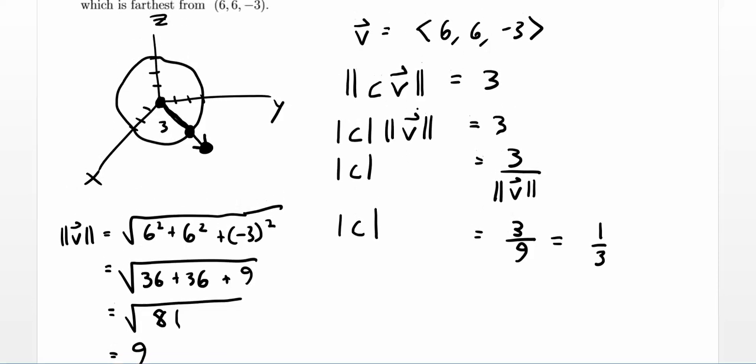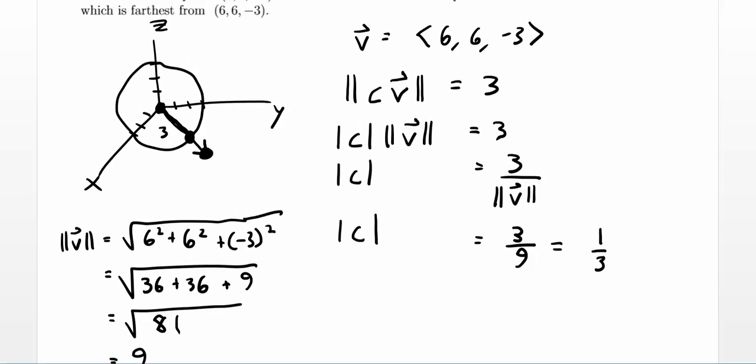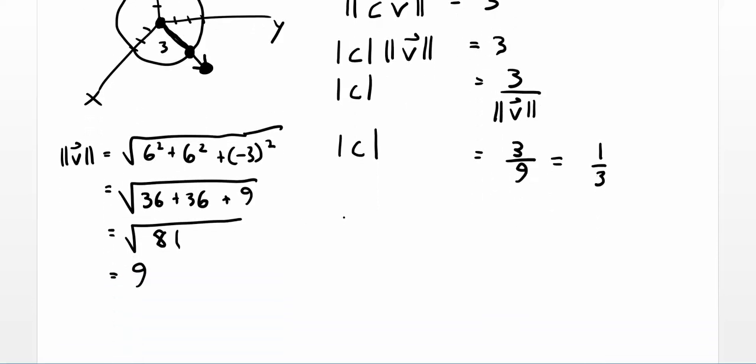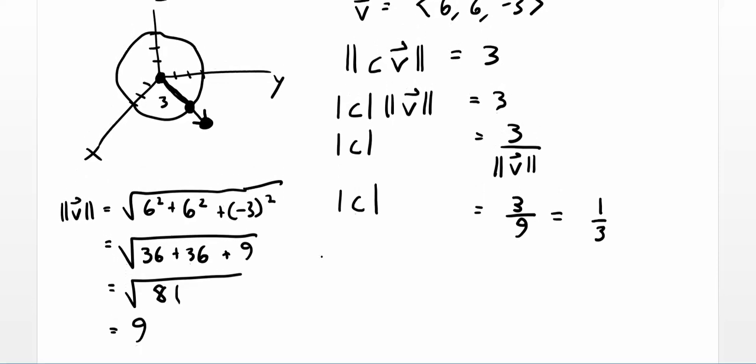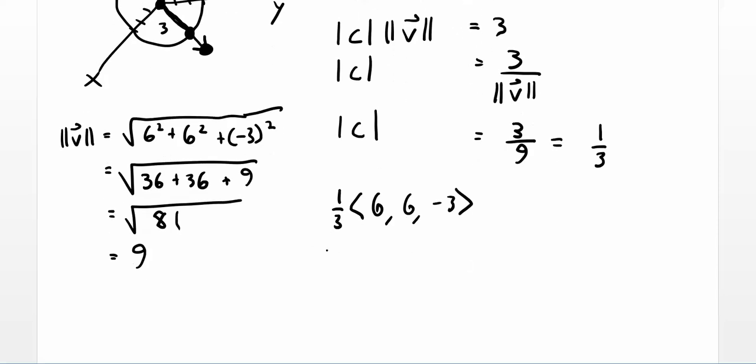So remember, we were rescaling this vector. Let's do that now. 1/3 times this vector, 6, 6, negative 3, is going to give us the vector 2, 2, negative 1.